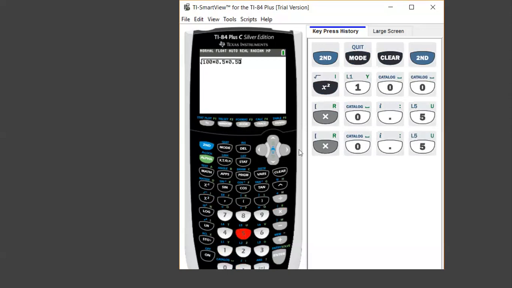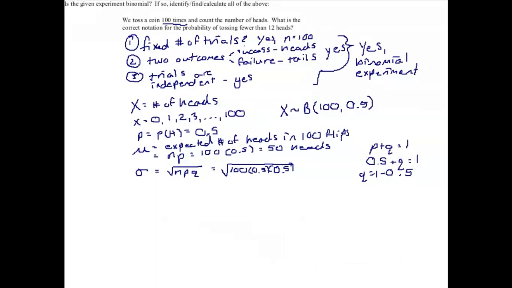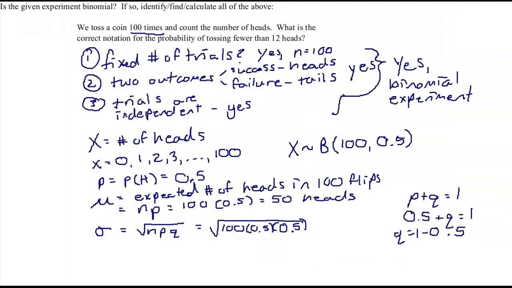And then for these calculators, you need to arrow out of your square root or whatever it is you're in. So I come up here to my arrow, type that, and you can see my cursor is no longer bouncing around inside that square root, and hit enter. And the answer is 5. So my standard deviation is 5. My standard deviation for this is equal to 5 heads.